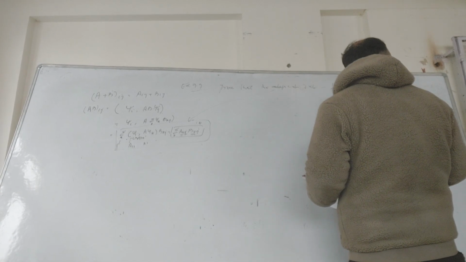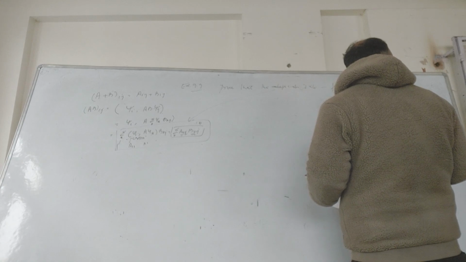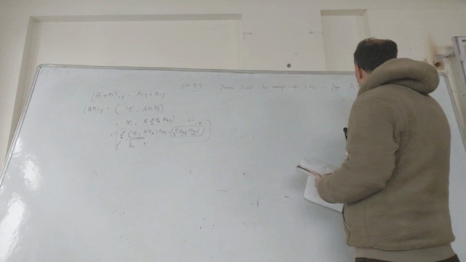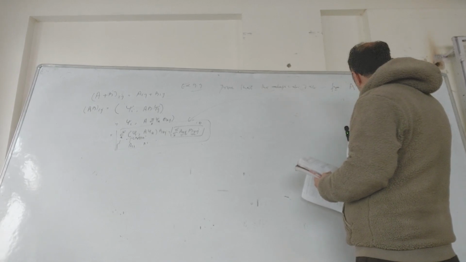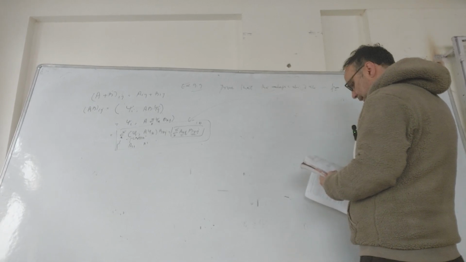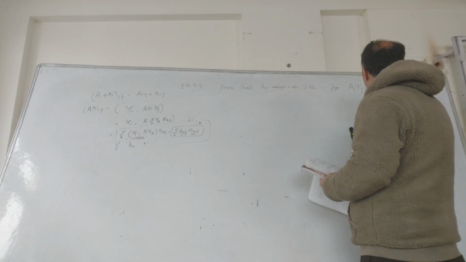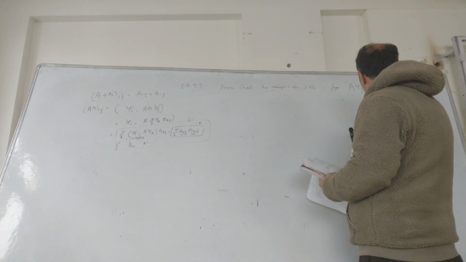Physics student. E psi j is sigma i equal to 1 to n psi i E i j.